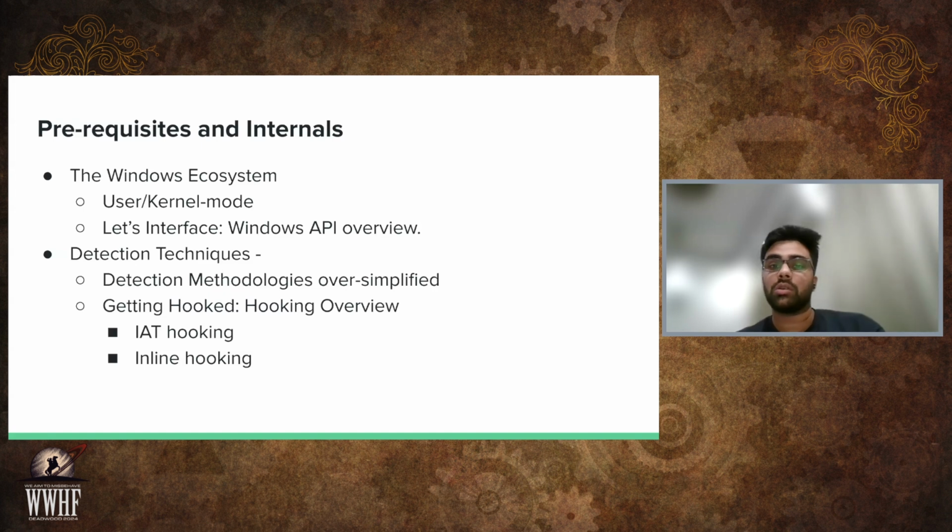I'm not really sure what the level of understanding of the audience here is, but we'll still give a brief overview of user mode, kernel mode, and the Windows API, because the Windows API has key components when developing Windows applications, be it useful or harmful. Then we will also cover the different detection methodologies implemented by AV and EDRs, followed by hooking, which is exactly how AV and EDR security solutions collect your data.